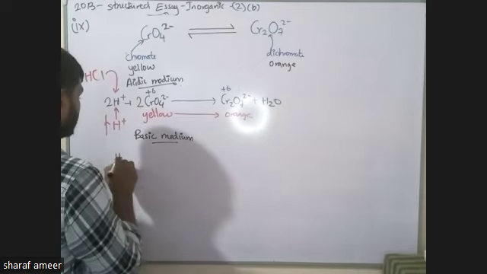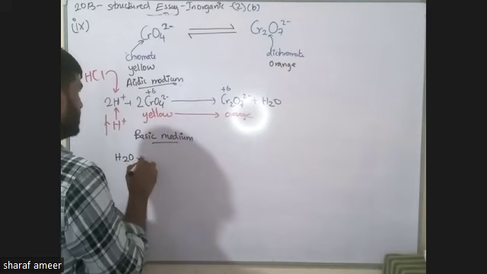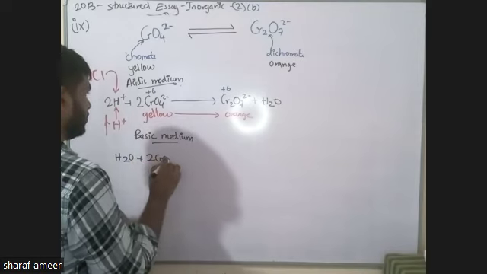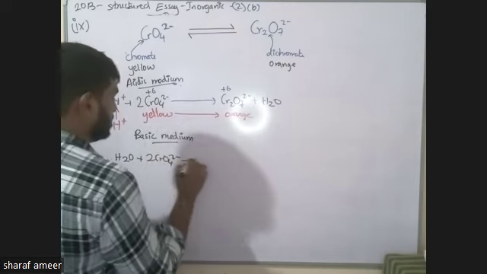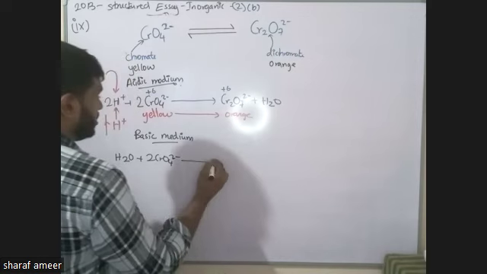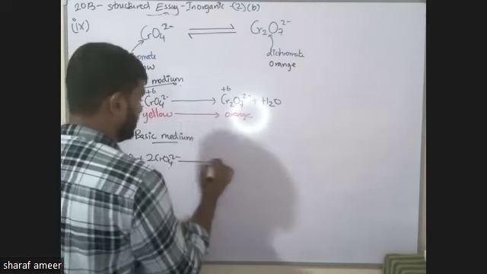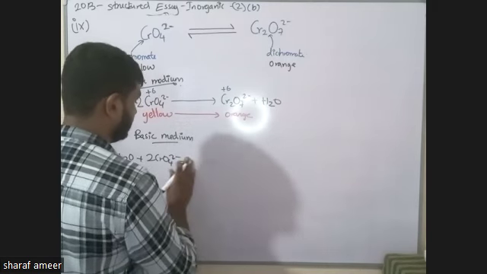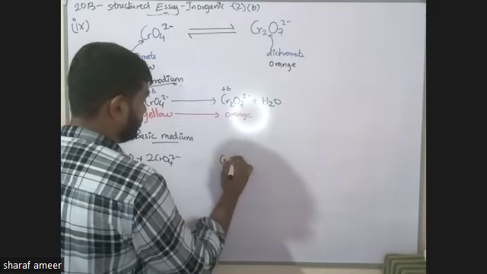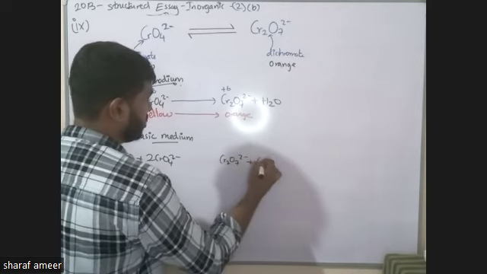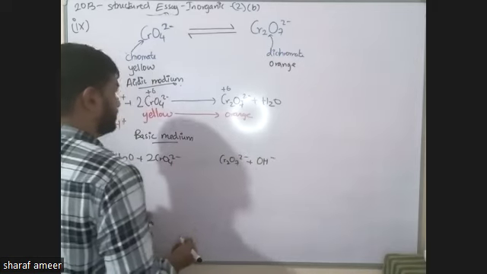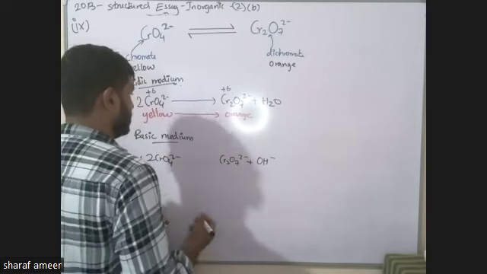It comes like H2O plus 2 CrO4 2 minus, removing this way, Cr2O7 2 minus plus OH minus.